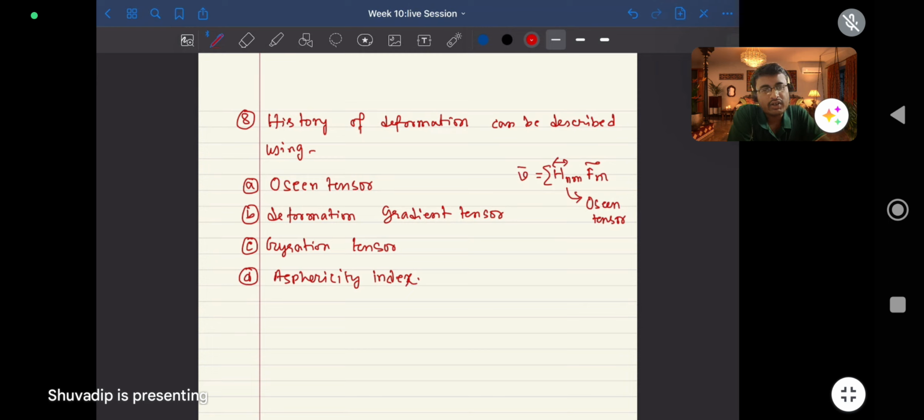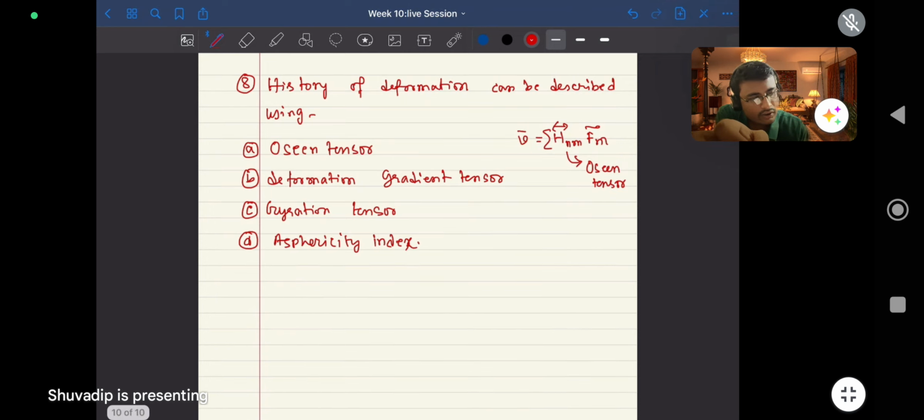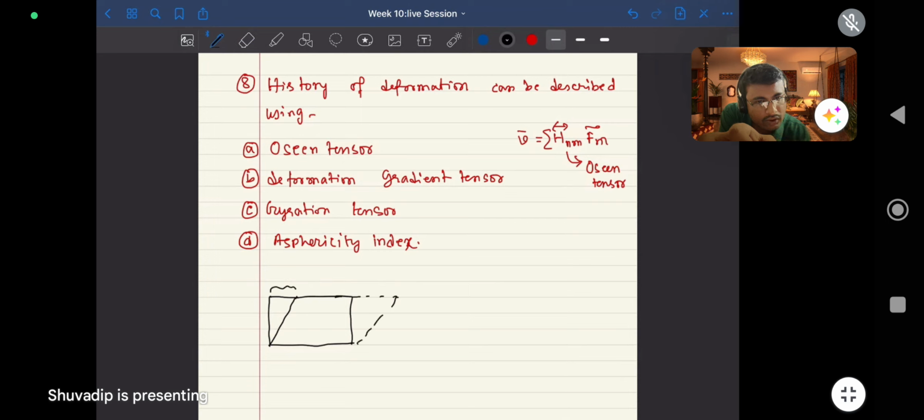This deformation gradient tensor is basically given by this. If some object is given some stress, shear stress like this, that object is deformed like this. So this will be a shear produced here.